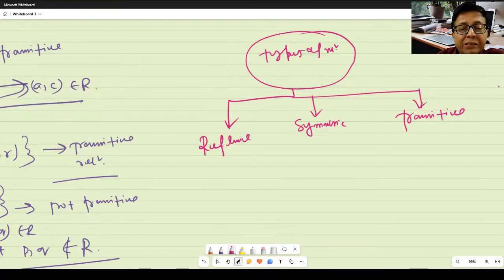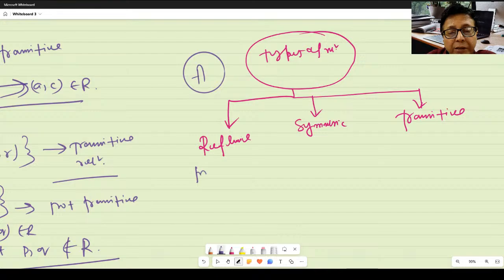For reflexivity, I am just writing in brief. A is a set, on it you have defined a relation R. I just remind you, for all, you use this symbol.